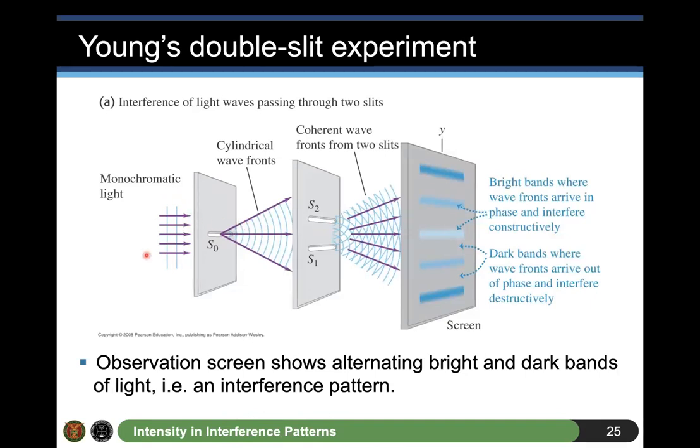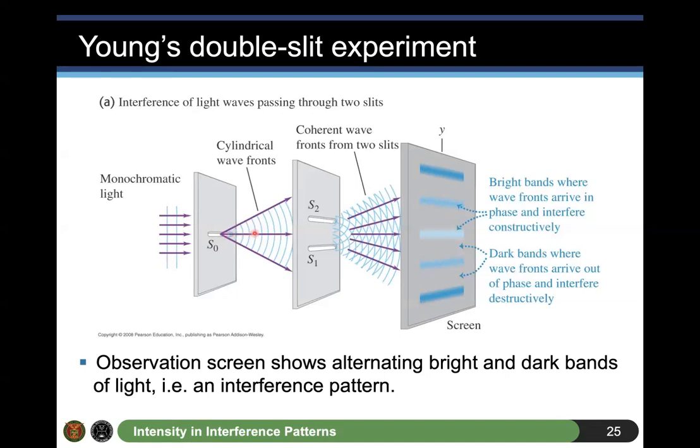Why do we need to pass it through a slit? Because before the slit, it is a planar wave. EM waves are planar waves. We have planar monochromatic light, so our wavefronts are lines. After it passes through this single slit, we have cylindrical wavefronts.